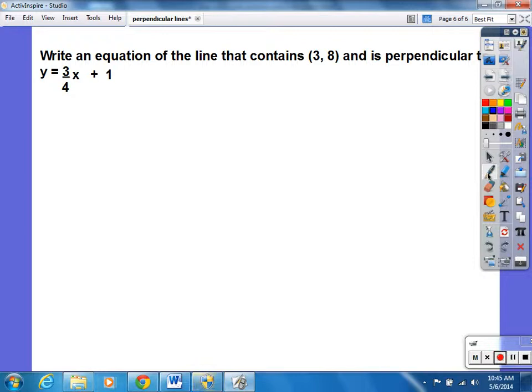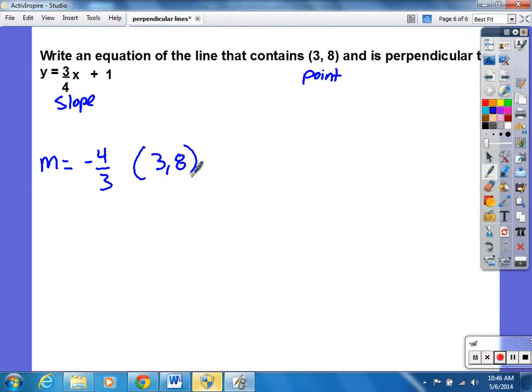All right, same idea here. We know the point. We know the slope. We can write an equation in point-slope form. Here we go. The slope of our new line is going to be negative 4/3, the negative reciprocal of 3/4. Our point is (3, 8). We're going to write an equation in point-slope form. y minus 8 is equal to negative 4/3 times the quantity of x minus 3.